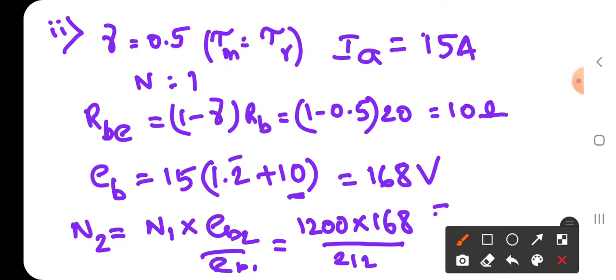Therefore, how much is this value? 950.9 RPM. Okay, so this is this problem. Now let us go to one more.